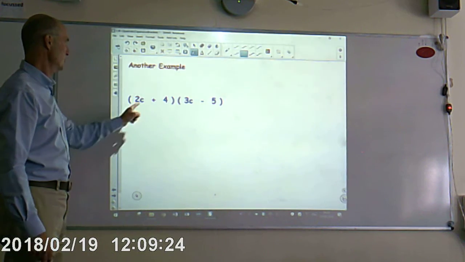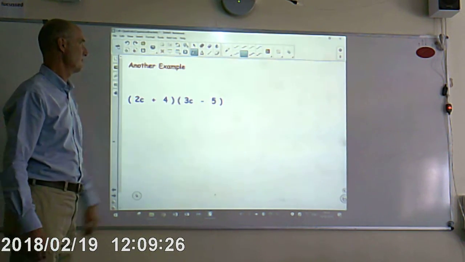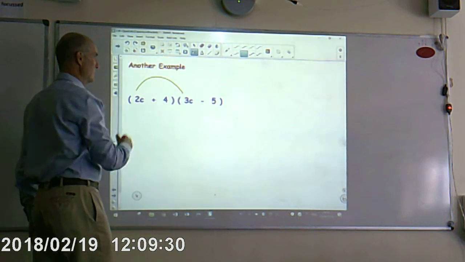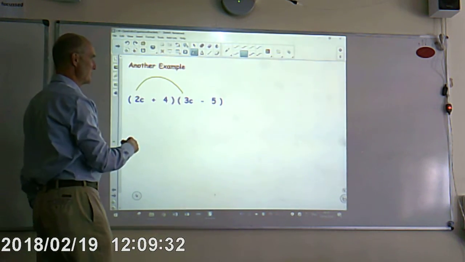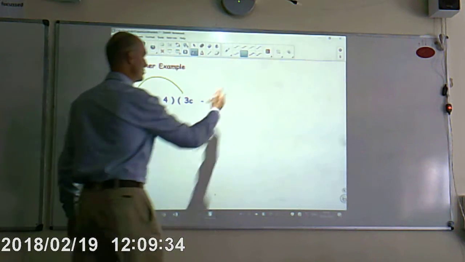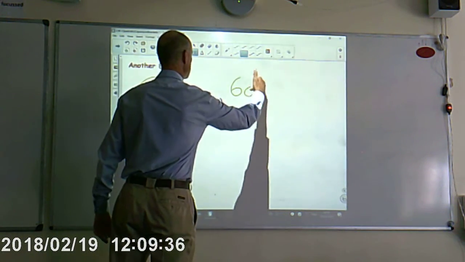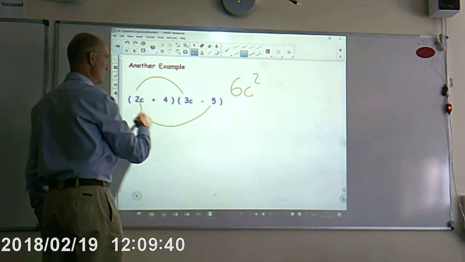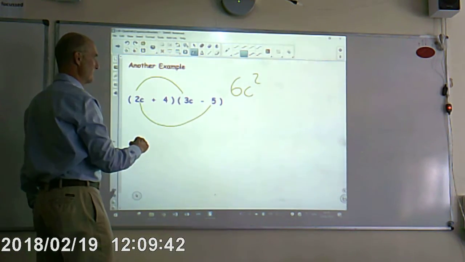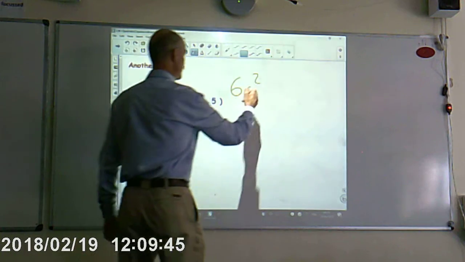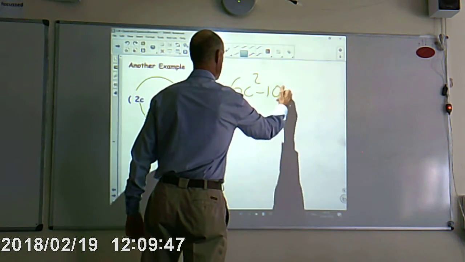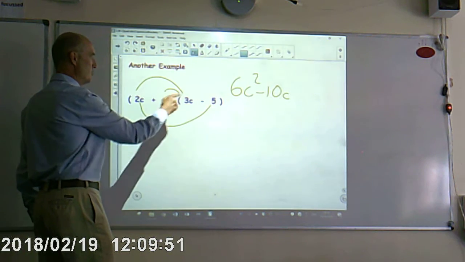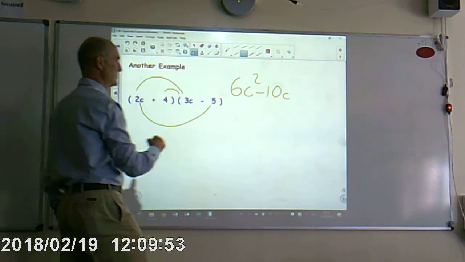Another example, 2c plus 4, 3c minus 5. FOIL, first terms, 2c multiplied by 3c, 6c squared. Outside terms, 2c and minus 5, minus 10c. Inside terms, 4 times 3c, 12c.